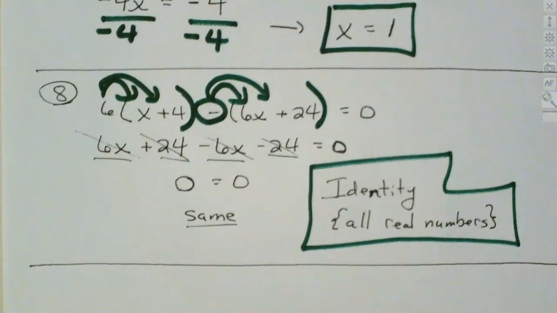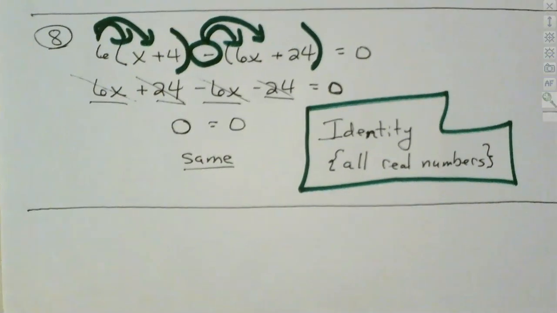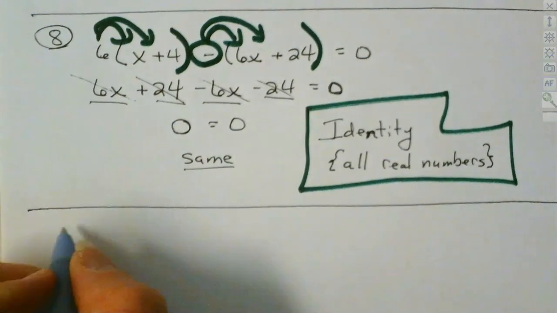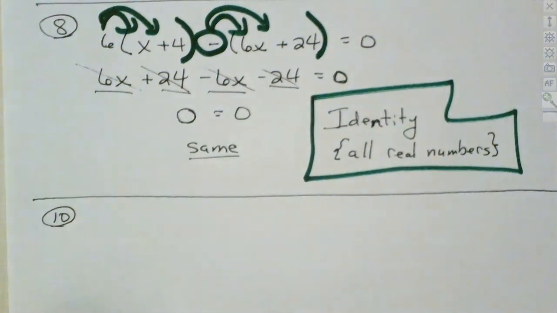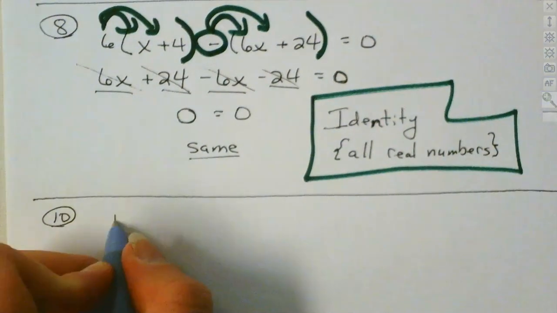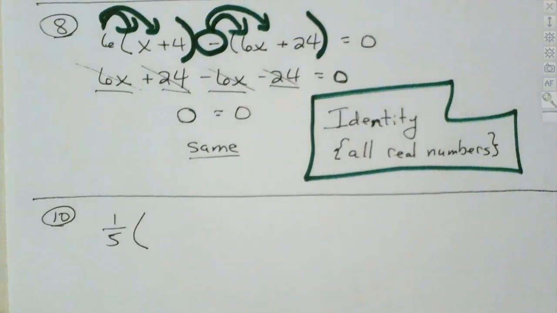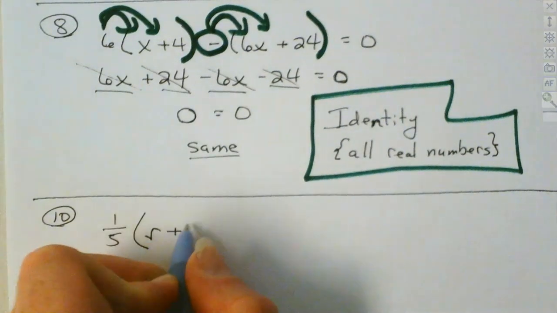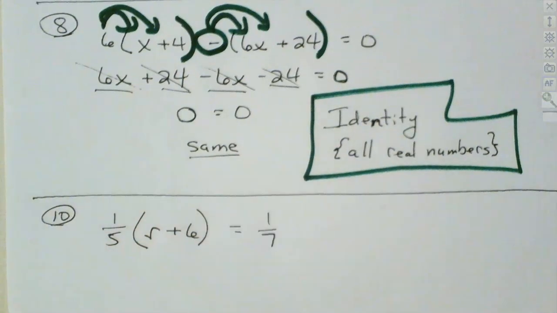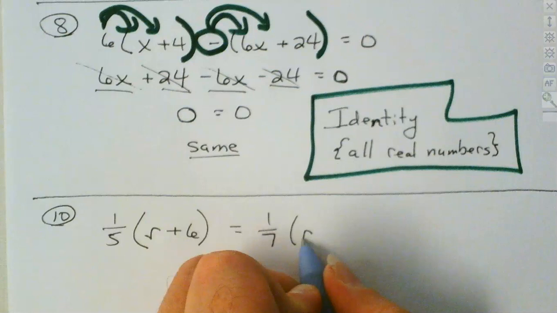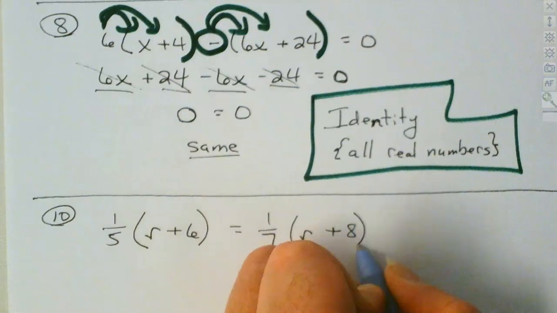Now, 10, the fractions aren't all going to go away. So we are going to be left with something. And this is kind of what you were talking about, MJ, with the fraction left over. So on question 10, we've got 1/5 times r plus 6 equals 1/7 times r plus 8.